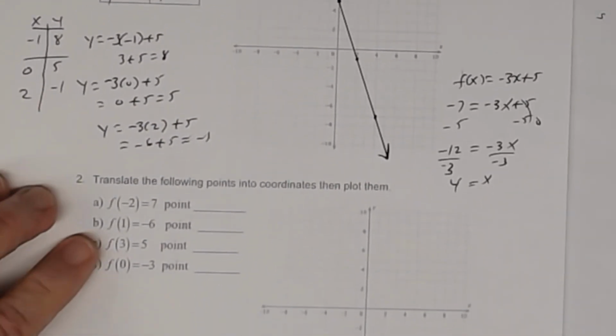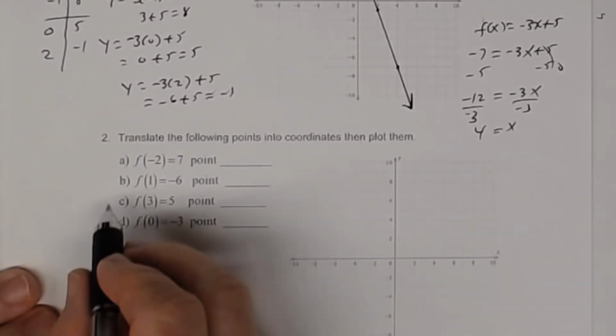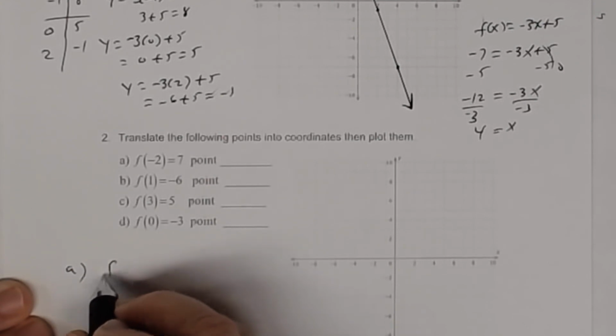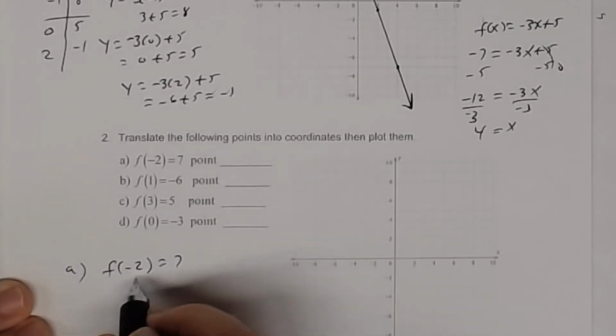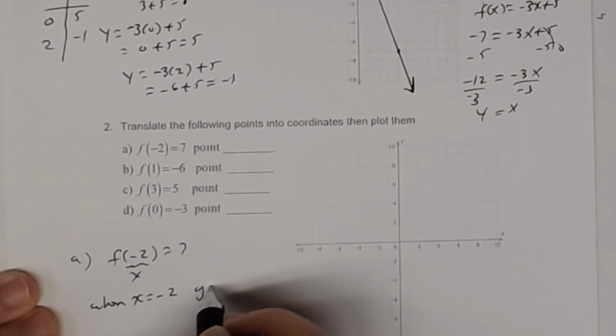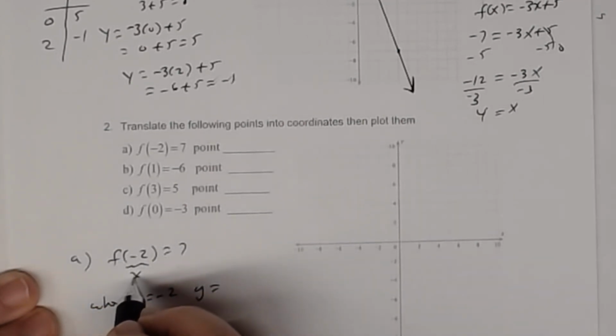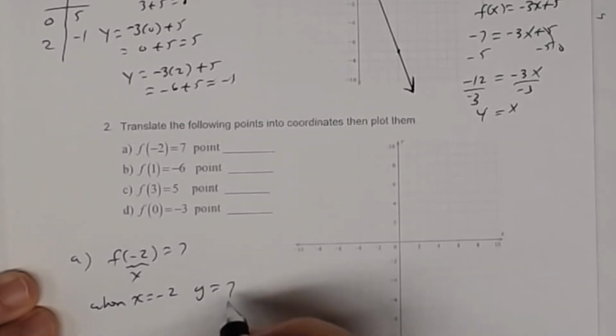All right, number 2, you had to remember something about this notation here. If you look at part A, where we had f of -2 equals 7, remember this represents x right here. That means that when x is -2, y equals this right here. So f of -2 equals 7 means that when x is -2, my y value is 7.